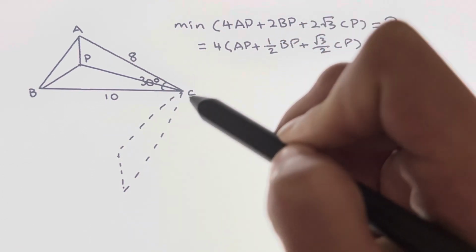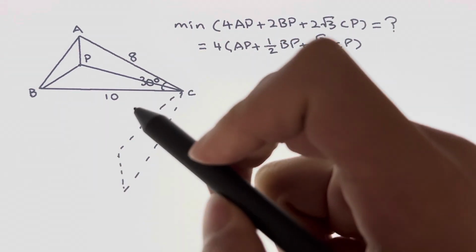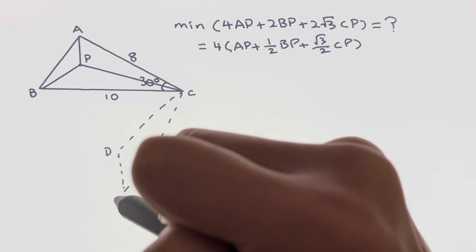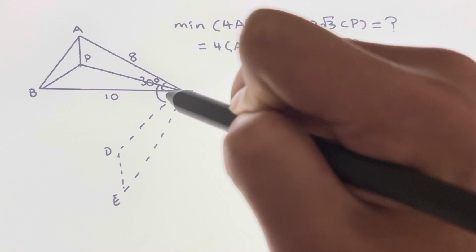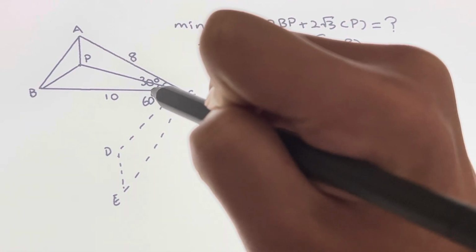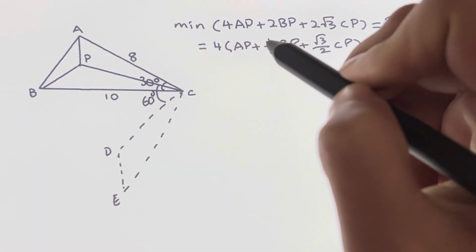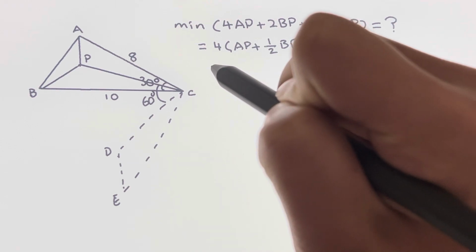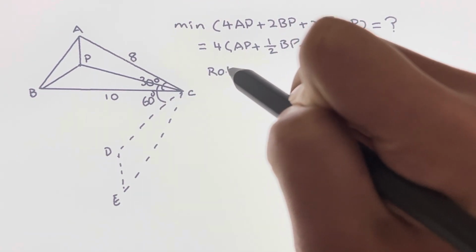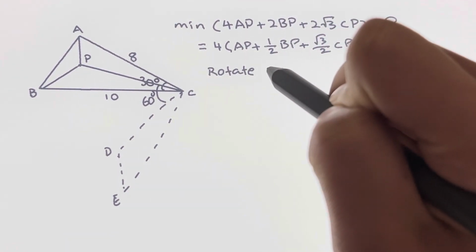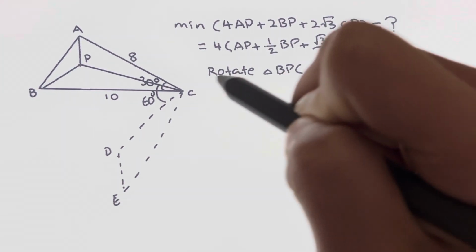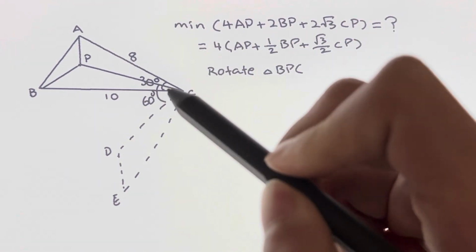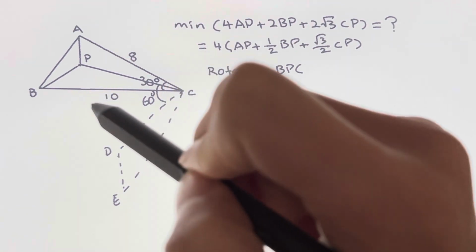And then we can call these 2 points D and E. And then we know that this angle here is 60 degrees. So basically what we did was rotate triangle BPC counterclockwise, because the direction of the rotation is from left to right.